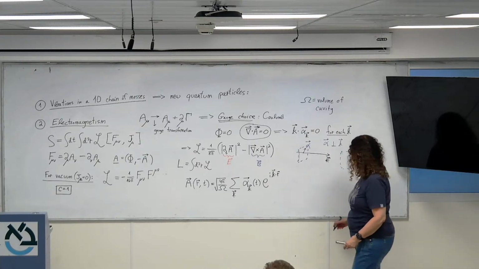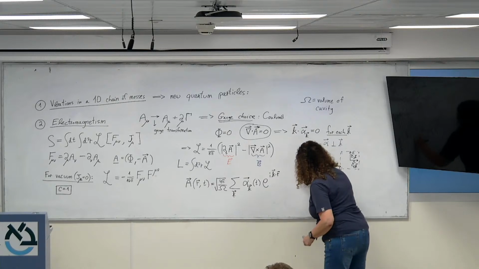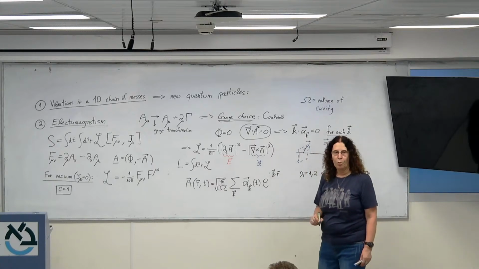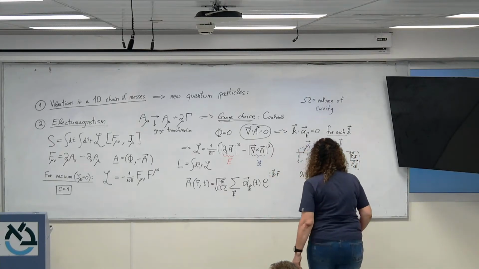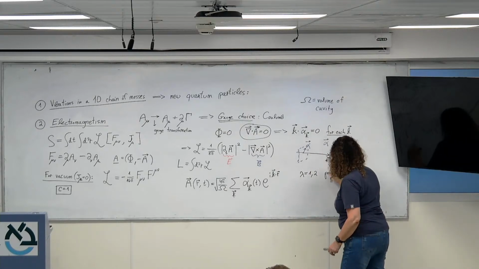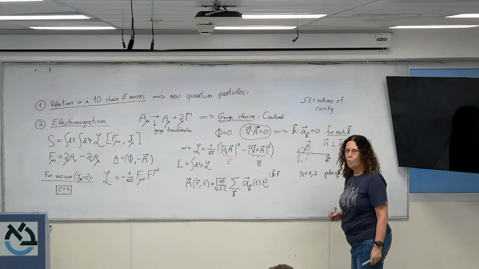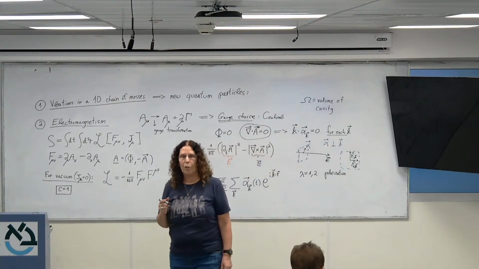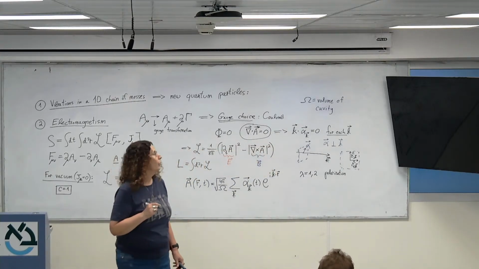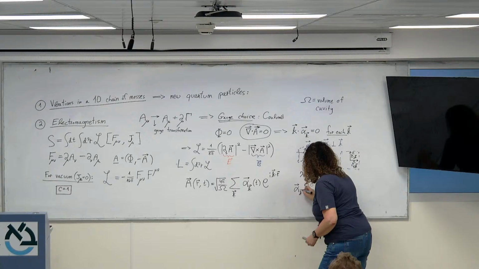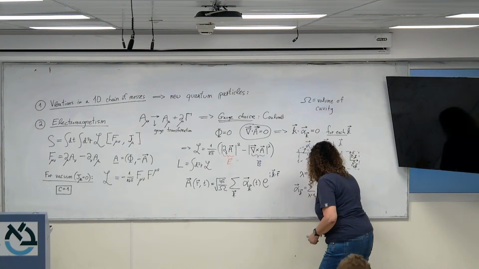Okay? So there is an index, let me call it lambda, which takes two values, 1 or 2, and this index represents a so-called polarization. So for each k, I have two polarization modes, and I can write alpha of k as a sum over lambda of epsilon k lambda.